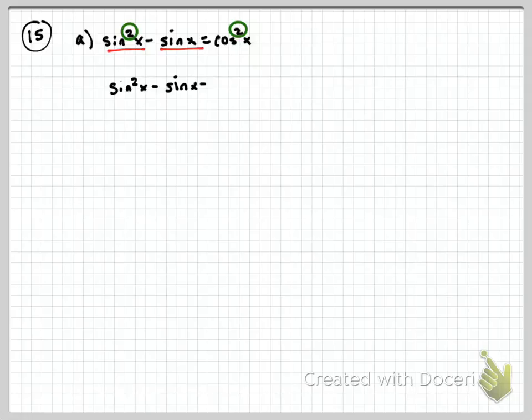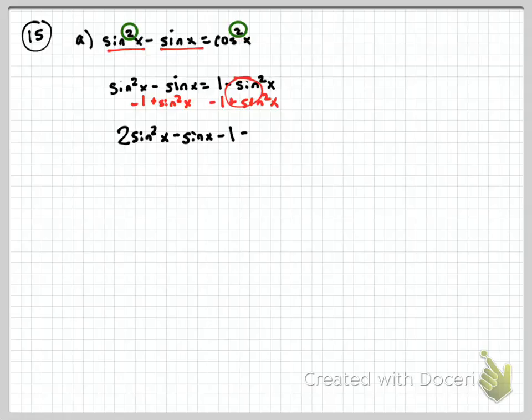Based on the Pythagorean identity, we know that cosine squared x is equal to 1 minus sine squared x. From here, let's get everything equal to 0. So we'll move this to the other side, minus 1 plus sine squared of x. This cancels. 2 sine squared of x minus sine of x minus 1 is equal to 0.